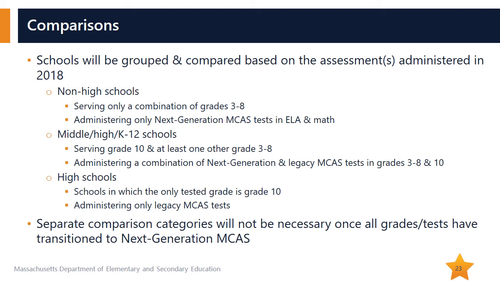Once all grades and tests have transitioned to the next generation MCAS, the separate comparison categories will no longer be necessary, and all schools will be able to be compared to each other.